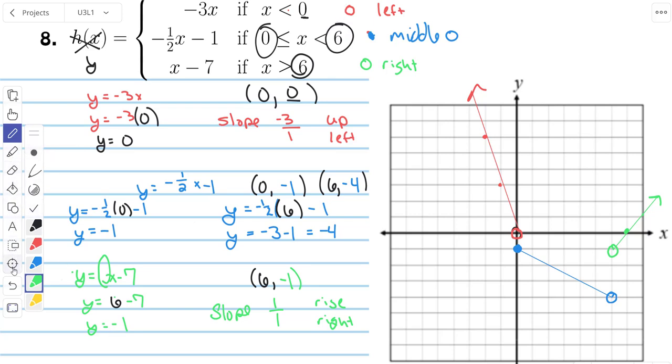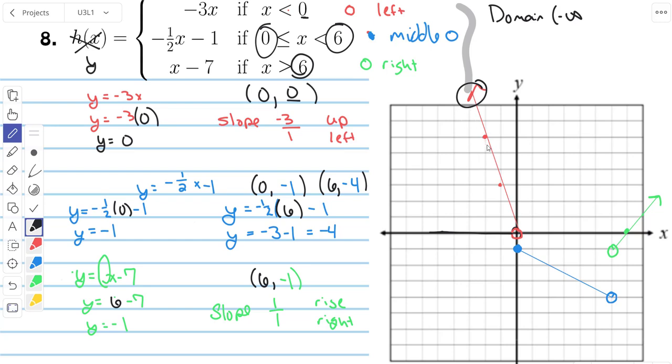Now let's go ahead and find my domain and range. Right up here at the top. My domain. So if I go to the left, I have my farthest left is going to be that arrow.